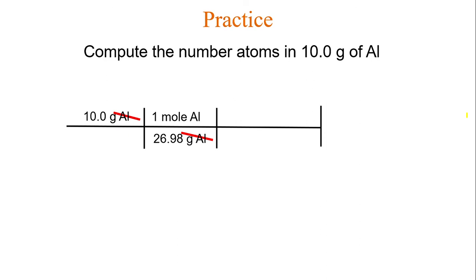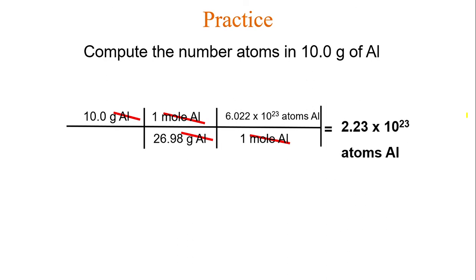So my next conversion factor should be Avogadro's, but I want to have the moles in the bottom, the atoms in the top, so that the moles will cancel out.